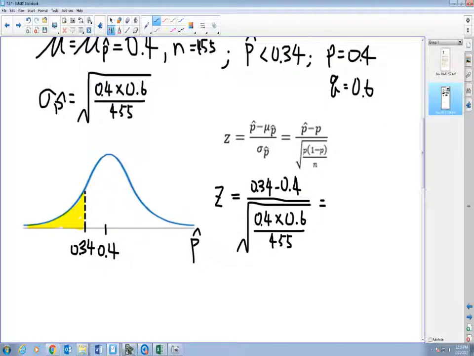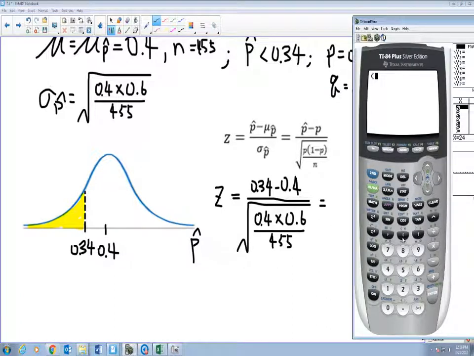So in the calculator, I'm gonna let the calculator subtract the top for me first. 0.34 minus 0.4, close parenthesis, divided by open parenthesis again. Second square root. My square root, open the parenthesis first. So inside is typing 0.4 times 0.6 divided by 455.